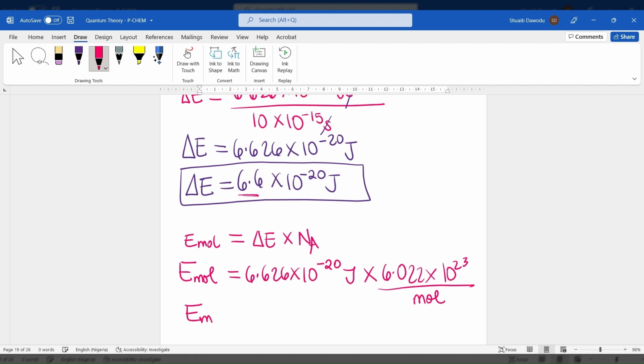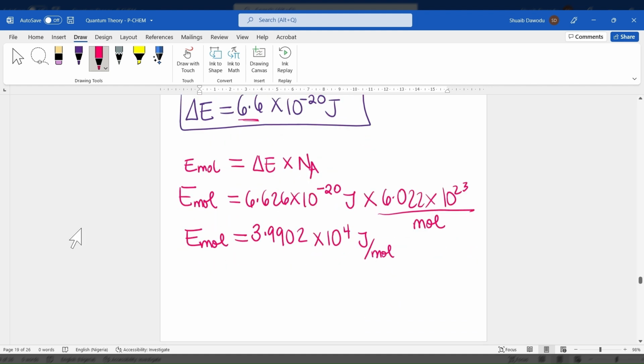So energy per mole would simply be 6.626 times 10 to the power of negative 20 times 6.022 times 10 to the power of 23. We end up with 3.9902 times 10 raised to the power of 4 joule per mole. Of course, we do our work in 2 sig figs.